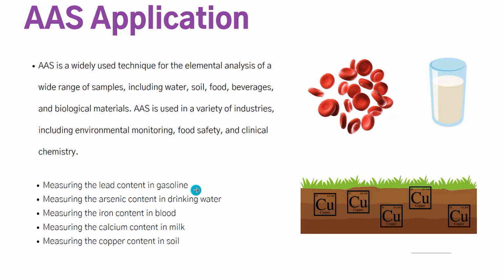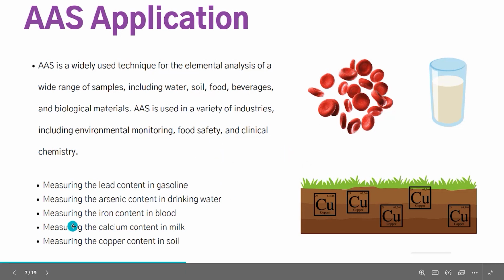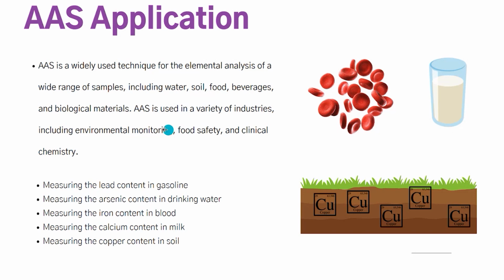Now, some examples of activities using the AAS method include measuring lead content in gasoline, arsenic content in drinking water, iron content in blood in the clinical industry, and measuring the calcium content in milk, as well as for environmental purposes, monitoring the copper content in the soil.